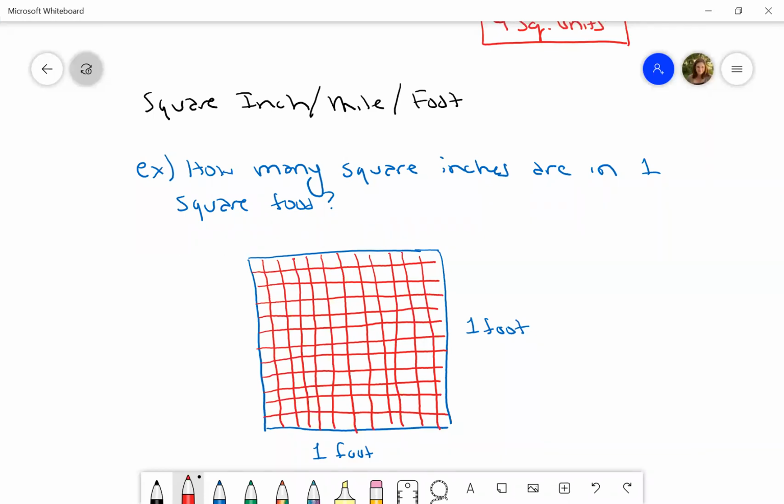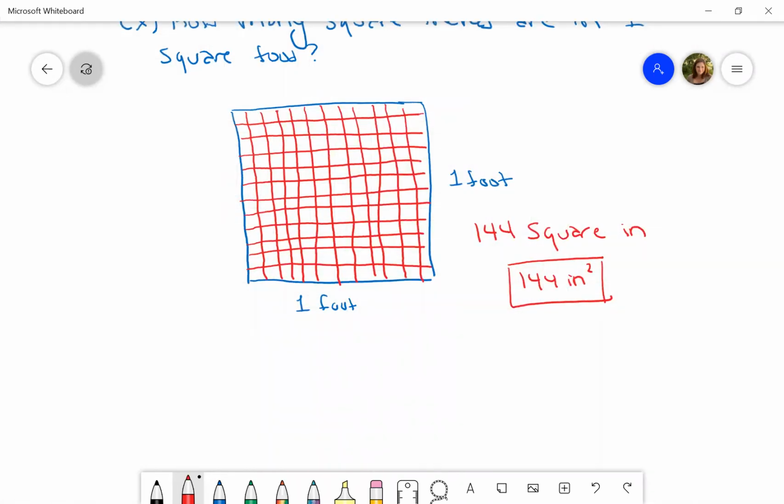So how many of these little squares are there if it's 12 inches on each part? Well, that would be 144 square inches, which, by the way, we can abbreviate with the inches and the little power of 2. But really what we're looking at is this conversion here.